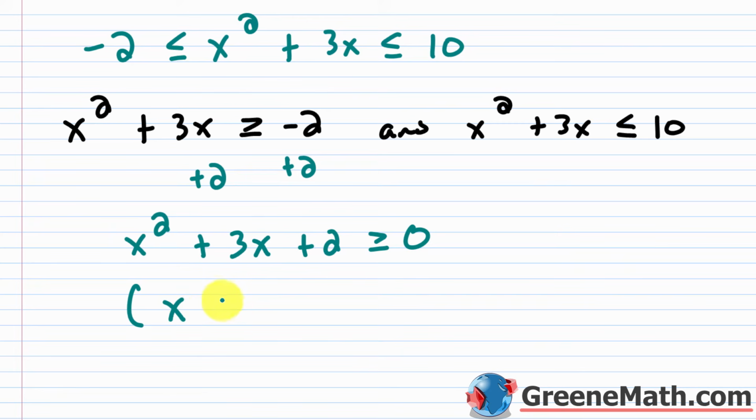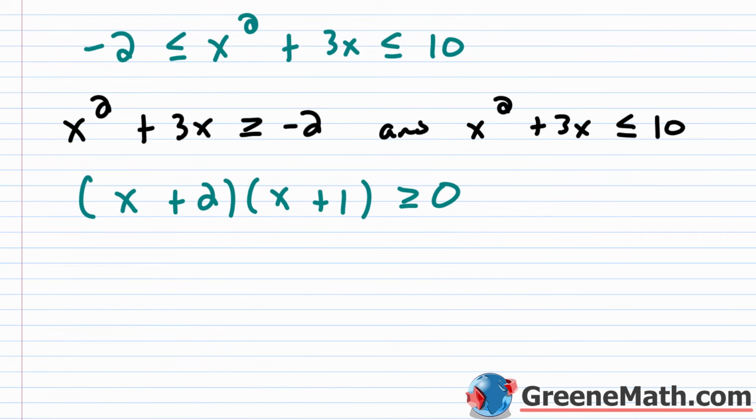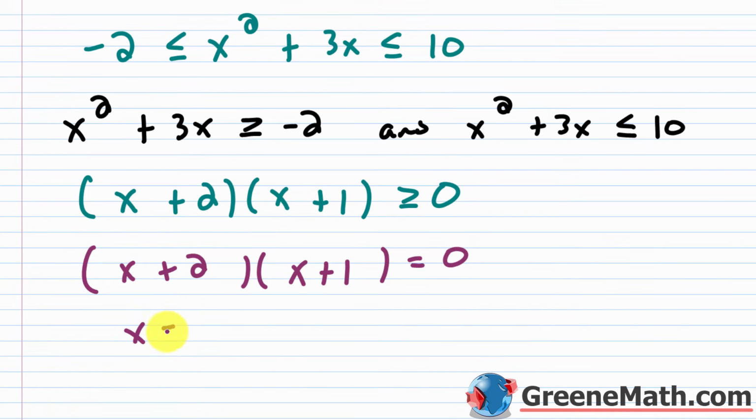So I can say this is the quantity x plus 2 times the quantity x plus 1, and this would be greater than or equal to 0. We know if we solve a quadratic inequality, the first thing you do is find the critical values. So you can just factor this like this. So x plus 2 here, and then x plus 1 there. And we'll just say this is equal to 0. So you would say x plus 2 is equal to 0. You would solve that, you get x is equal to negative 2. You would say x plus 1 is equal to 0.